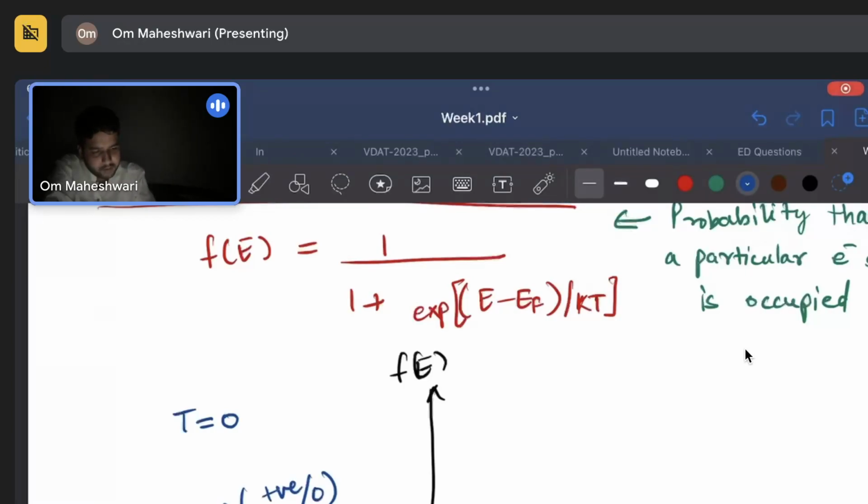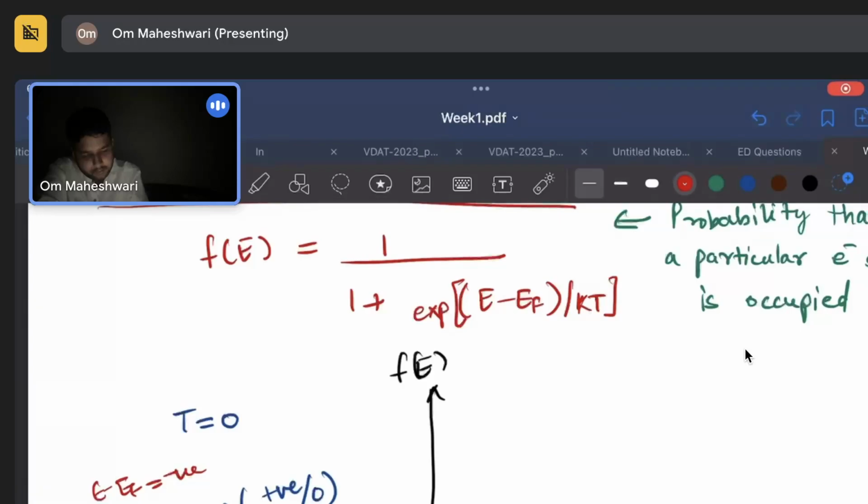So it will be 0 here. Similarly, for the left-hand side, E minus EF will be negative, so 1 upon 1 plus e to the power minus infinity, and e to the power minus infinity will be 0, so it will be 1 only.